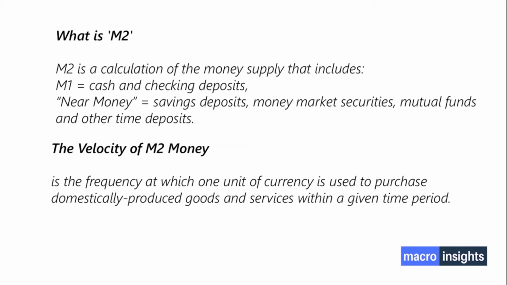So we're looking at the velocity of that M2. So we're looking at the velocity of easy cash within the economy. So the velocity is the frequency at which one unit of currency is used to purchase domestically produced goods and services within a given time. If you can imagine, the velocity of M2 starts to rise. What does that tell you? It tells you that there's more transactions in an economy to buy domestically produced goods and services.